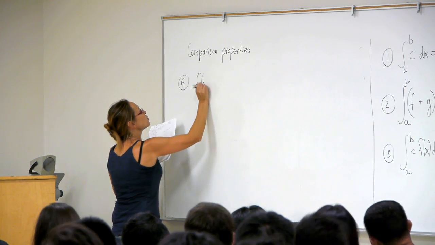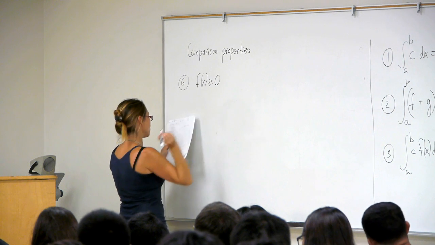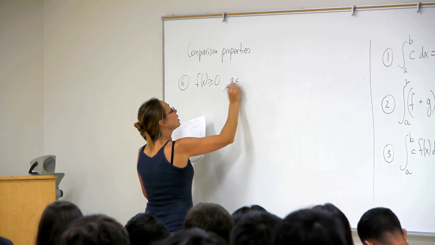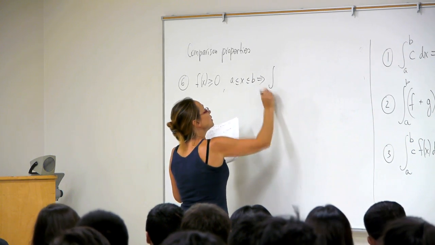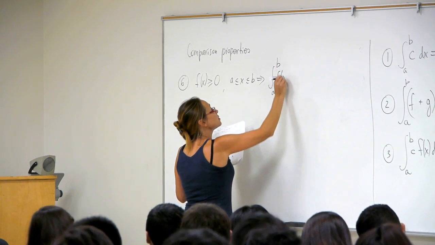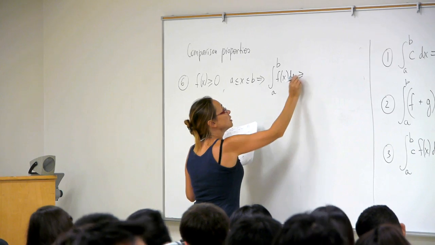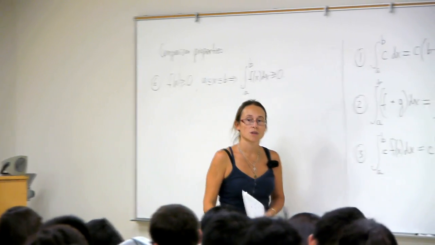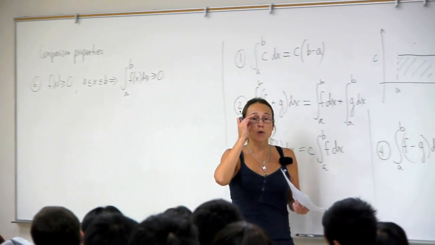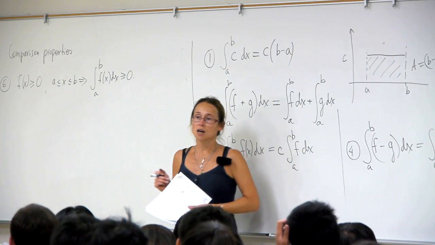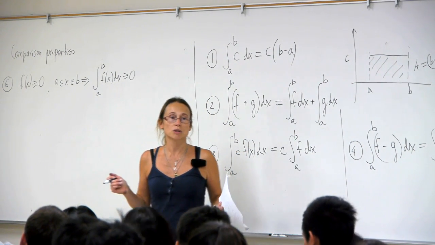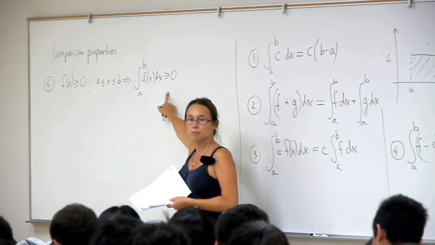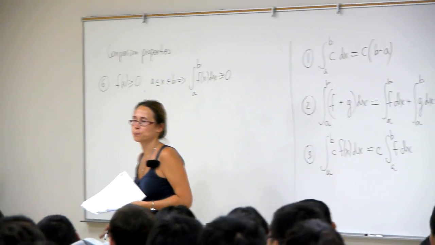So let's suppose that f is non-negative. Then the integral from a to b of f of x dx is non-negative. This is obvious, because for non-negative f's, the integral is nothing but the area under the curve, and that's a non-negative quantity. Okay, so we already know this.